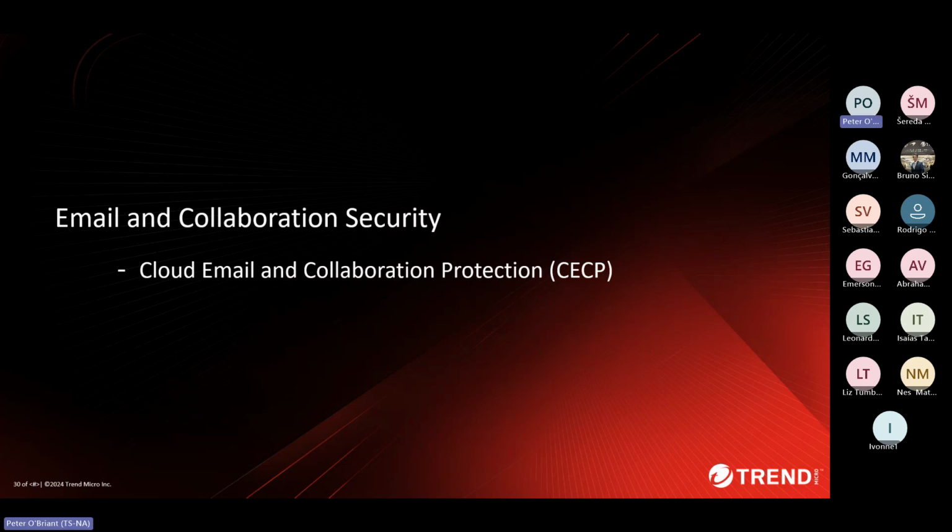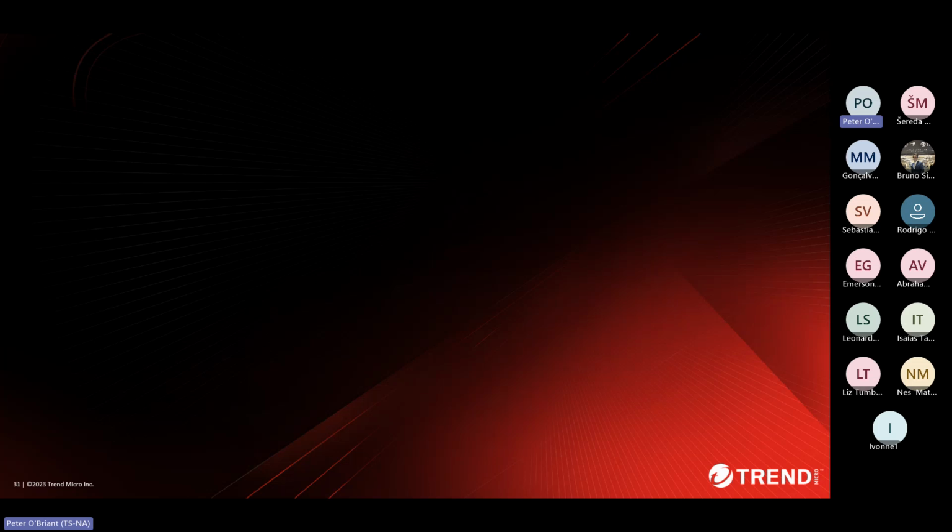So for customers that are using the platform for the first time, once again, you'll have to do some tasks to configure it. So let's take a look at one of these here with the cloud email and collaboration protection. So this is another component of it.